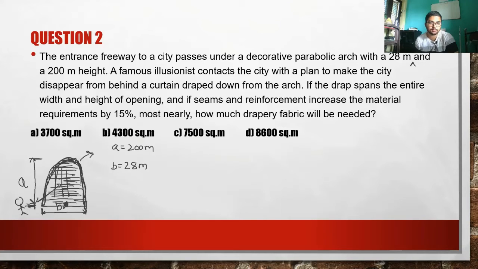That additional requirement is 15%. Now most nearly how much drapery fabric will be needed? So what is the exact area of the curtain we need when it needs to cover the total area of this parabolic arch, as well as be sufficient to be draped onto the reinforcements and seams.